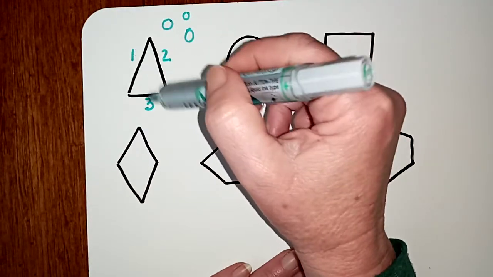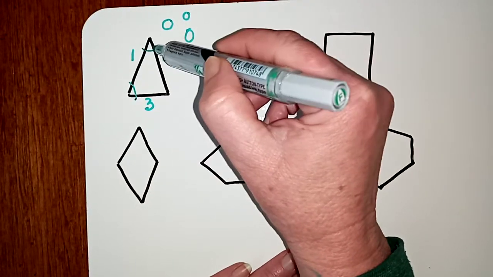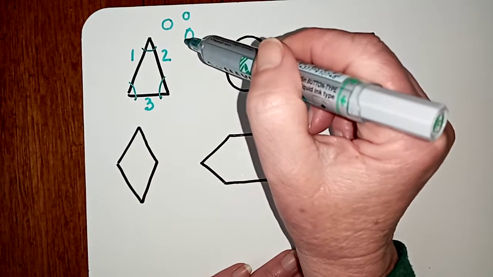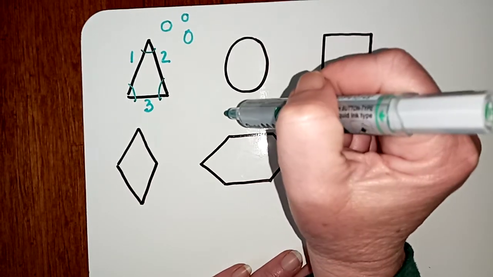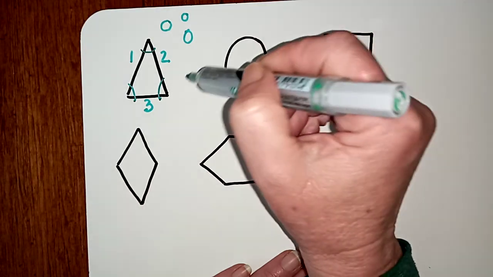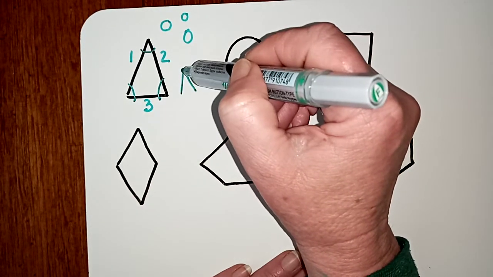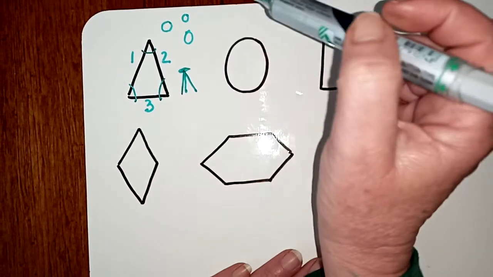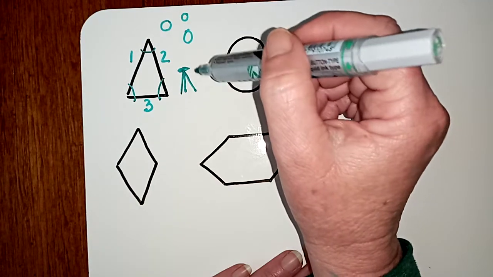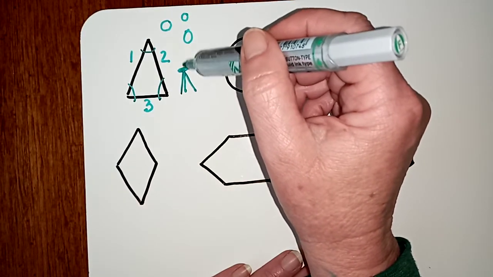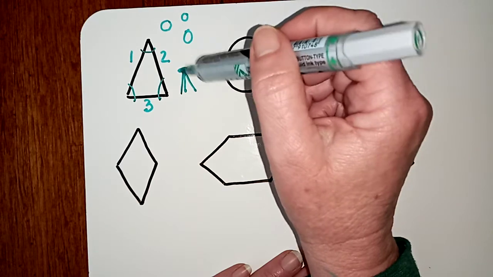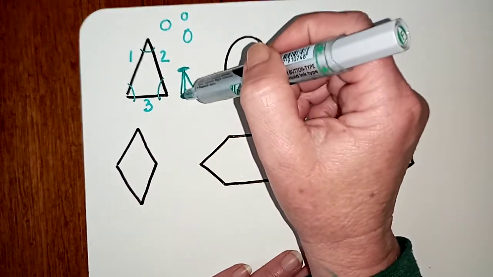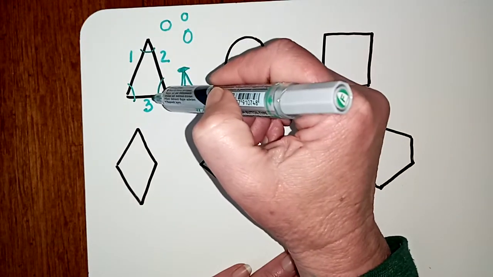Triangle has 3 sides and it has 3 angles. Tricycle, 3 wheels. And if you have a tripod to put your camera on to film something, it has 3 legs. Or if you are in a laboratory doing science experiments, you have a tripod and you may put the experiment on the top of that to boil or to mix or something like that. So we say that tri means 3.